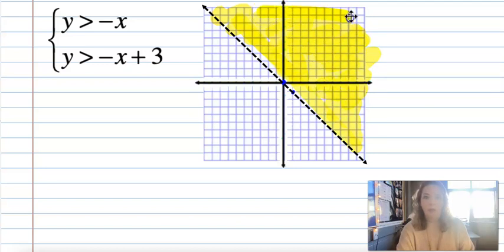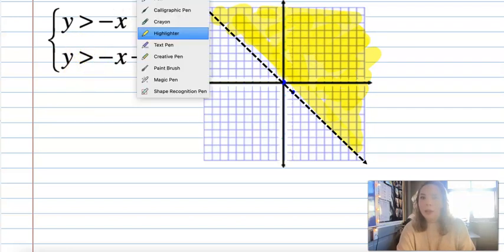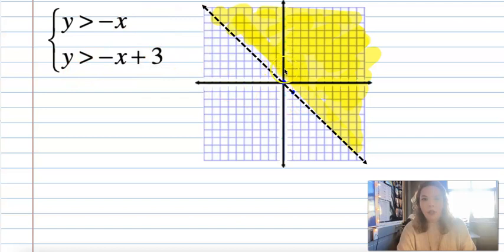And then this would also be a dashed line shading above. So let's go ahead and draw that one in. This one would start at 3 and down one, right one. Right here. Yep. And shade above.